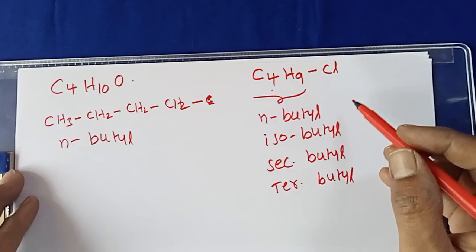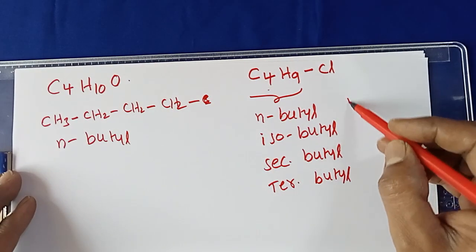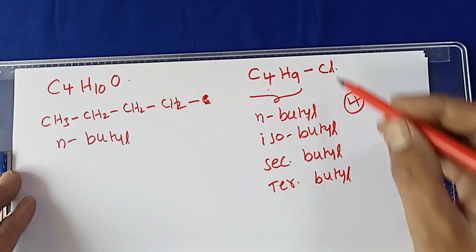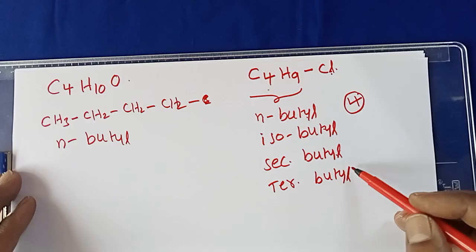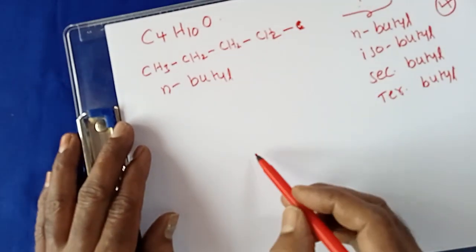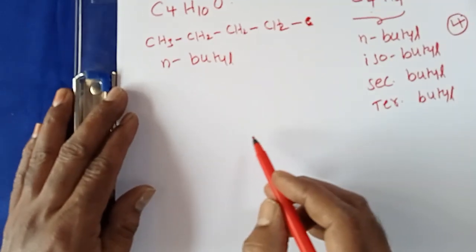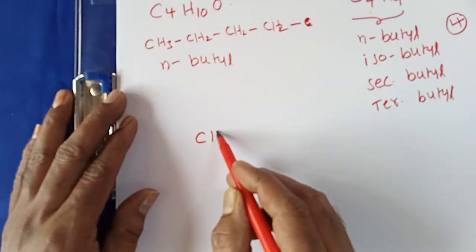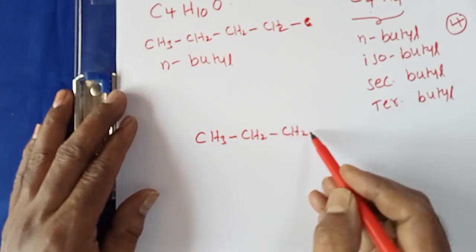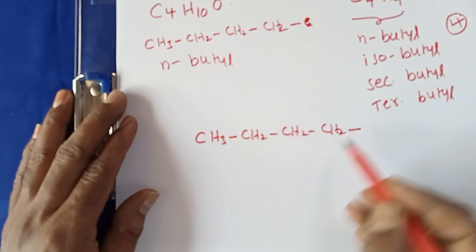So for this one, how many structural isomers? 4 only. So N-butyl chloride, isobutyl chloride, secondary butyl chloride, tertiary butyl chloride. For explanation purpose, I wrote the alkyl groups here. Total how many? 4. So I write the 4. CH3, CH2, CH2, CH2 bond.